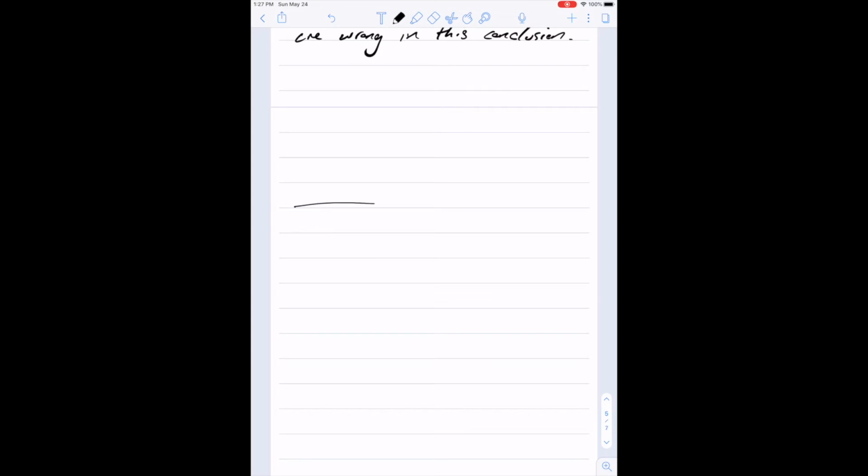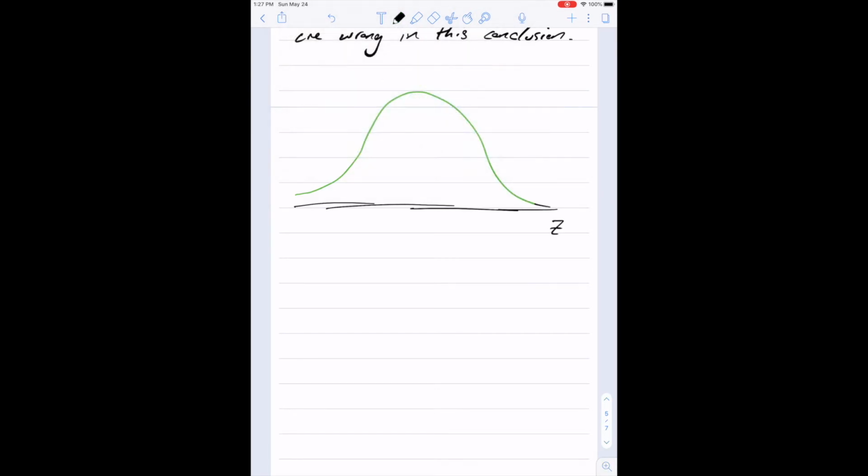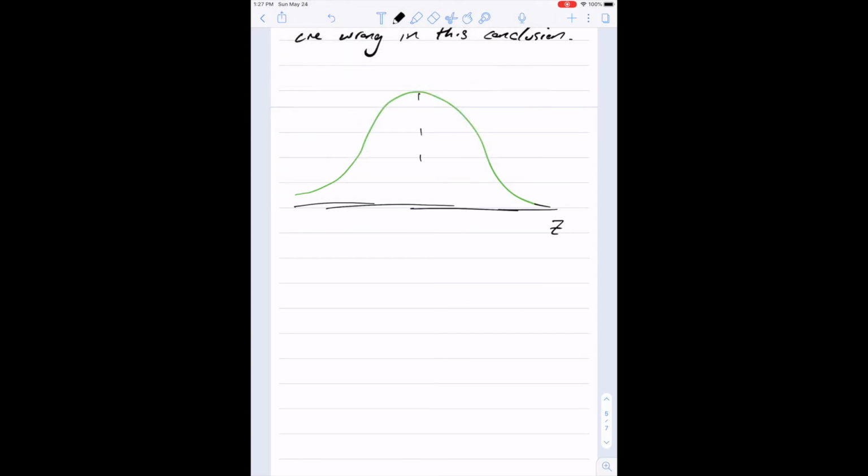So in that case, when we go to our z distribution, calculating the z from our data, centered at 0, now we have to take our alpha, that 5%, and split it into both halves. 2.5%, 2.5%.